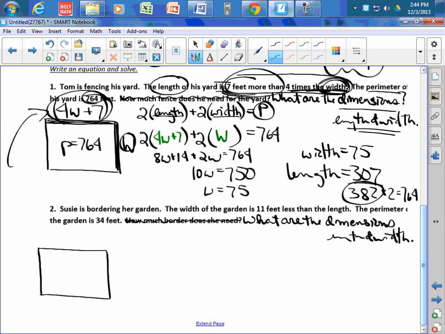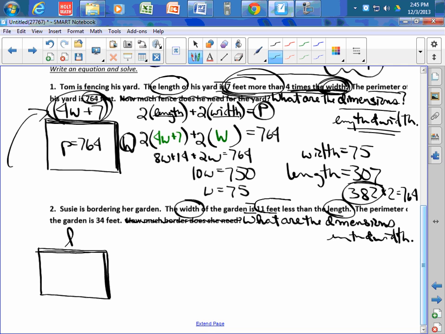again, we're going to go back to the story problem and circle those two words. Now, which one is mentioned second? Well, the length is. So on the longer side of your rectangle, label that L for length. Now, what does it say about the width? What does it say about the shorter side? The width of the garden is 11 feet less than the length.